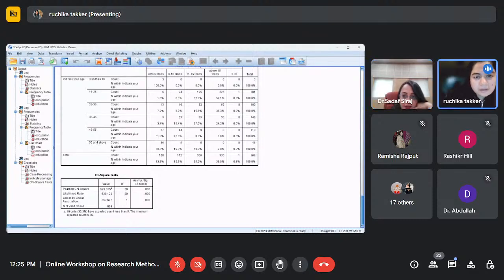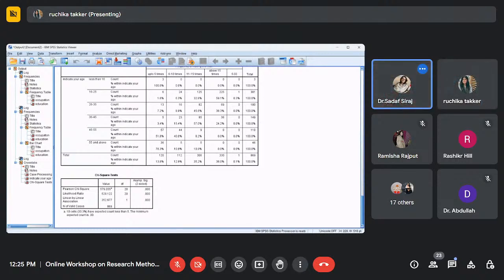Ma'am, age I have taken as the independent variable, right? What is the independent variable here? Put it in the chat box. And anybody other than Ruchika, what is the independent variable here? And what is the dependent variable?